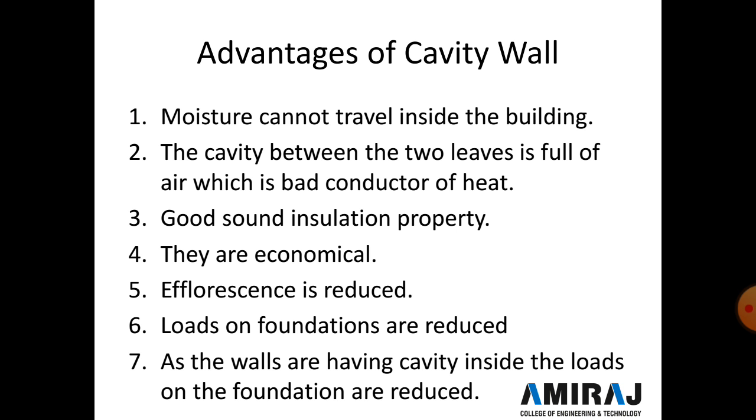Cavity walls have about 25% greater heat insulating value than the solid wall. With the gap between the two walls, the outer temperature is higher, so it is not easily transmitted through the cavity to the inner wall.